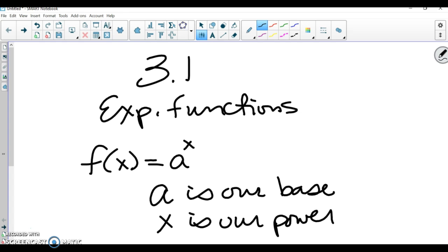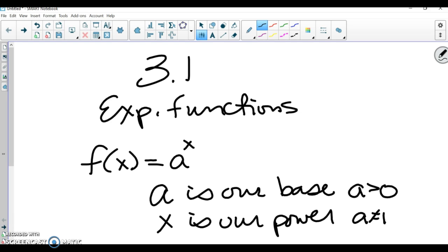We just went over that. We know that a needs to be greater than 0 and not equal to 1. If you think about a being 1, 1 to any power is just 1, and that would give us our constant function. X is any real number.